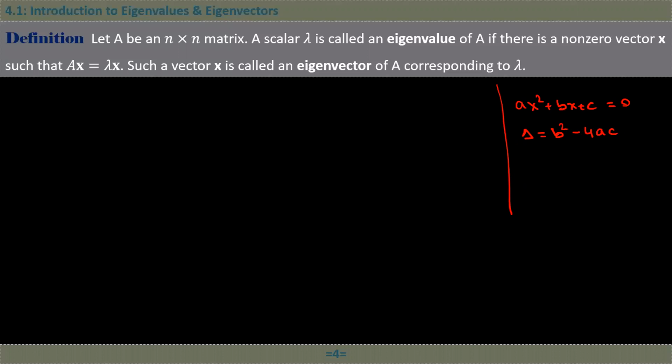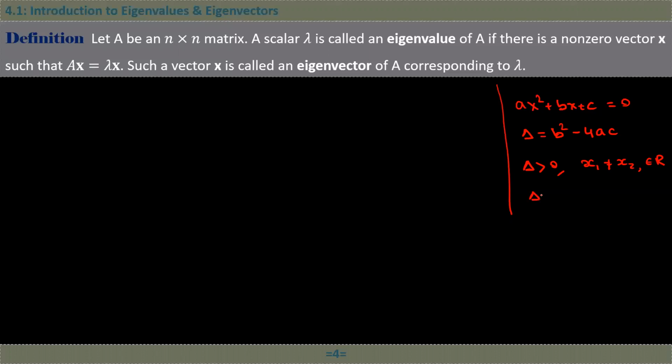This discriminant really carries important information about the solution of this quadratic equation. Because if delta is greater than 0, this equation has 2 real roots and they are distinct. They are not equal to each other, and these numbers are real.